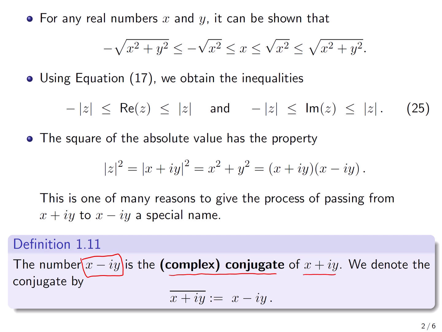How we normally remember is to switch the sign: if it's a +1, change it to minus; if it's a -1, change it to plus. That's how you remember the conjugate. We also use the bar notation, so we put a bar on top of it to mean the conjugate. That means the bar of x plus iy equals x minus iy.